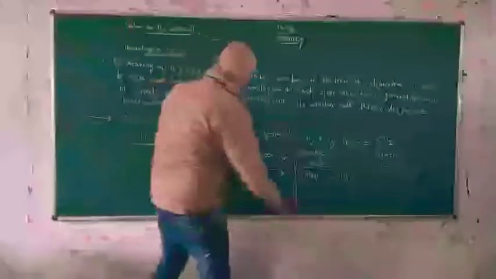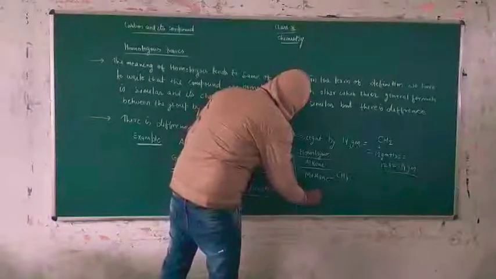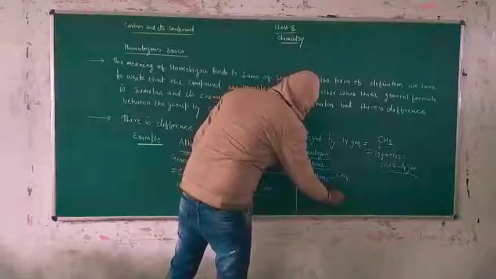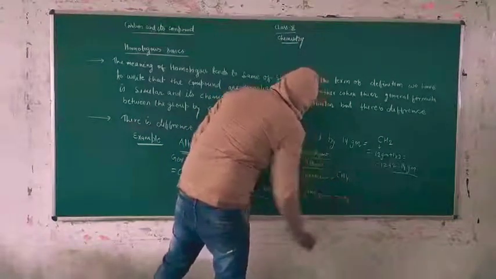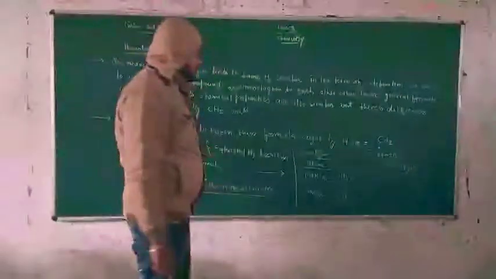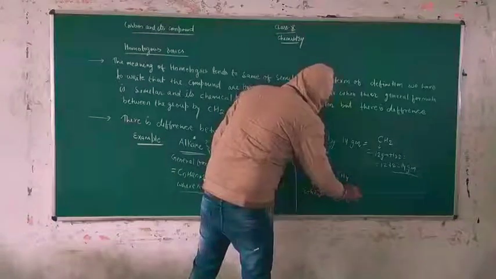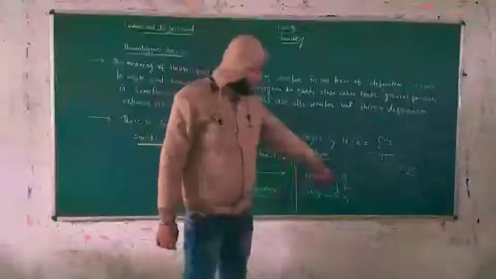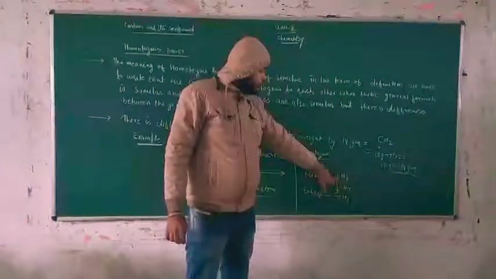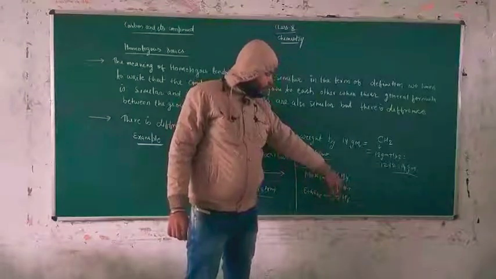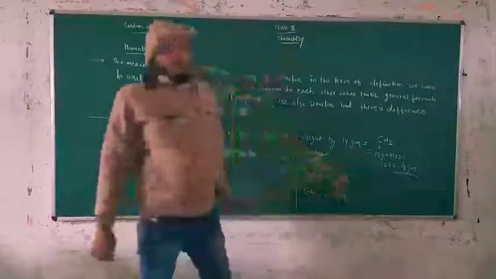Again from this you write ethane, that is C2H6. How can you say that these are homologous to each other? You have to see the major difference here: CH2. One carbon atom is increased, one carbon tends to two carbon, and 4 hydrogen tends to 6 hydrogen.